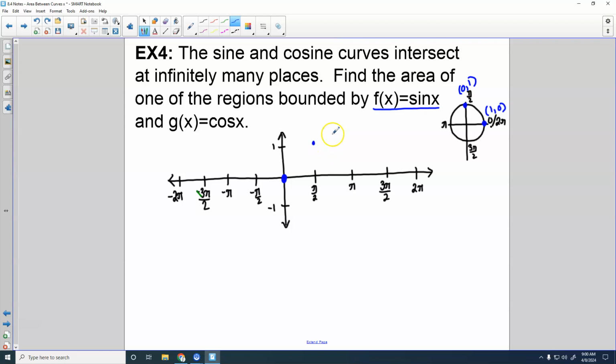From here, you probably can remember the pattern for these, but it comes from the unit circle. So if you forget, this point right here is negative 1, 0. So you're back to 0. This point right here is 0, negative 1. So your sine is negative 1. And then you go back to 0 again. And same pattern over here on the left side.